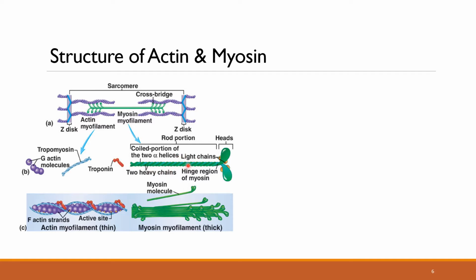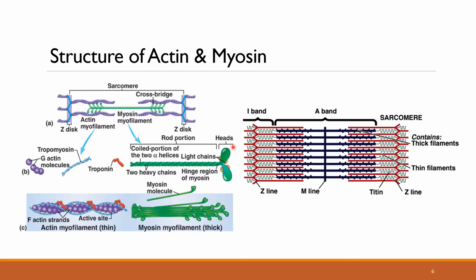The two heavy chains are coiled across each other, at the end of which you have the heads. So this myofilament is thicker. This is connected to actin myofilaments, which are present on either sides by means of a cross bridge. The myofilament actin is a thinner molecule. Okay, it is thinner in size.